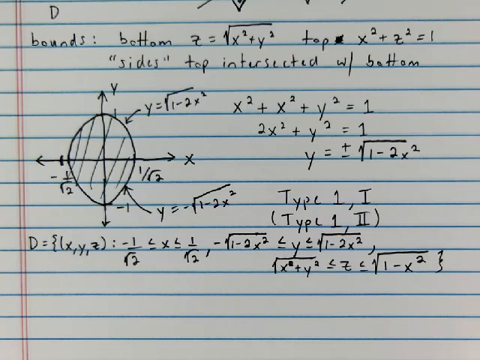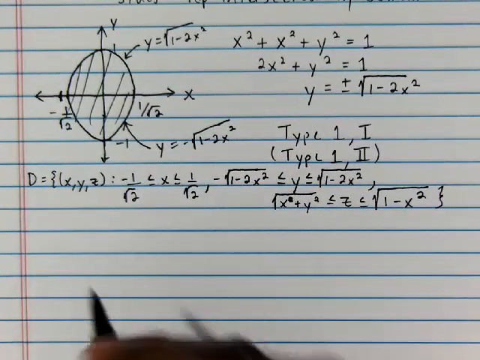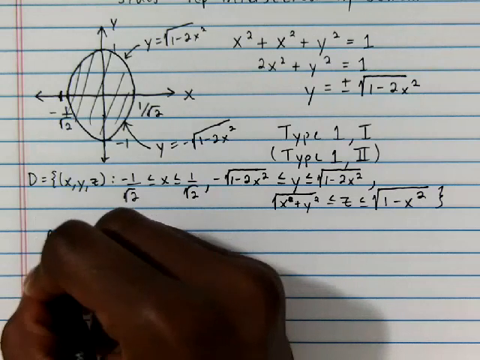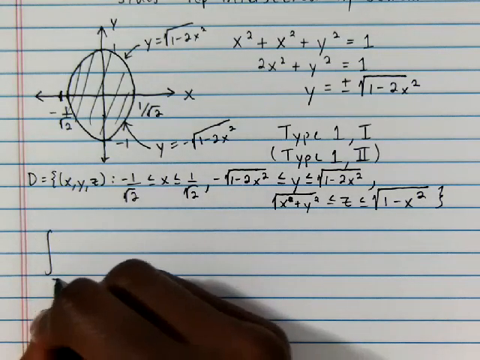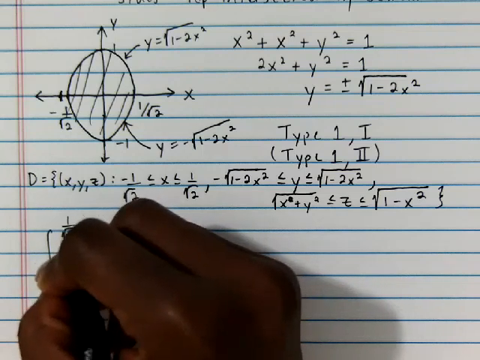So now, setting up our integral, the function of two variables has to be on the inside integral, the function of one variable in the middle integral, and constants in the outside integral. So we end up with the integral from negative 1 over root 2 to 1 over root 2.